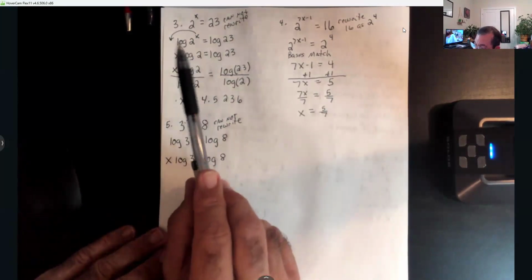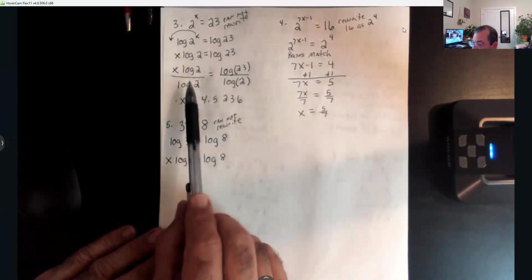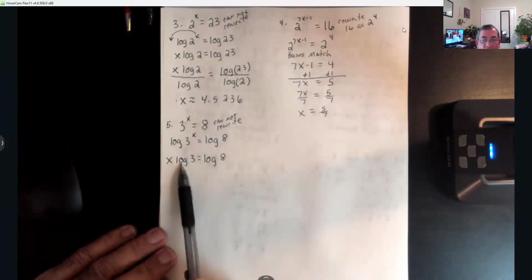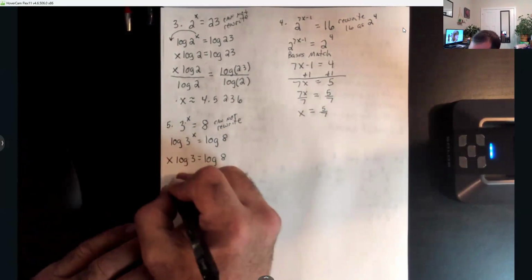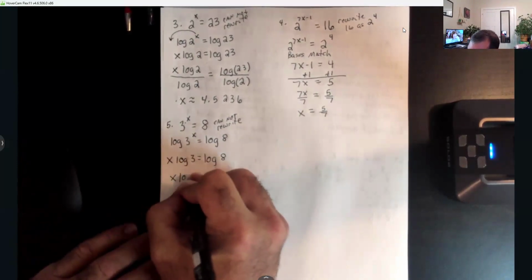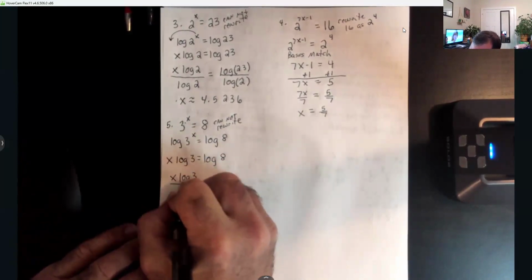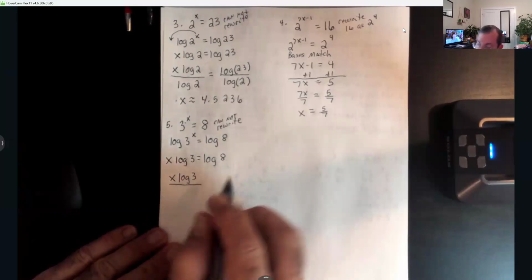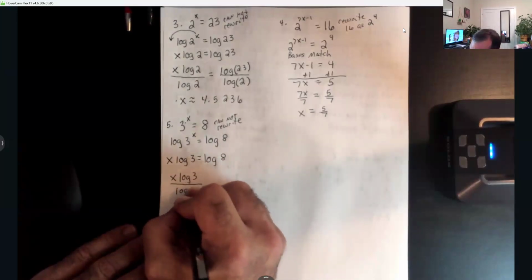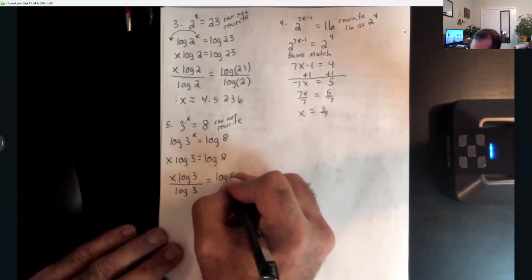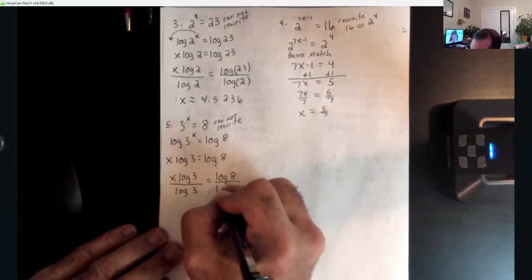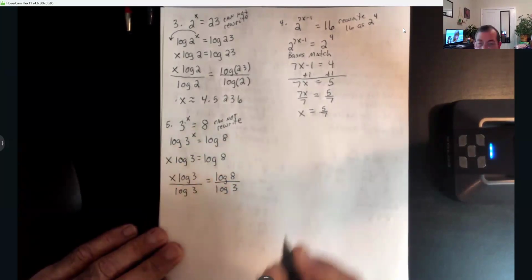And look here, same thing. Once I got it down, I divided both sides by the log. So I'll divide both sides by log 3, since that's what's being multiplied by my x. So I'm going to undo the multiplying by dividing on that side. And then that'll equal log 8 divided by log 3.